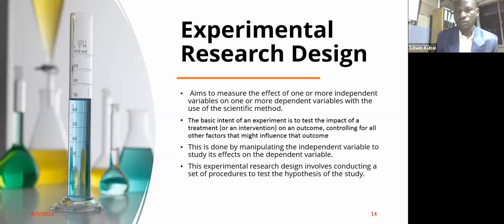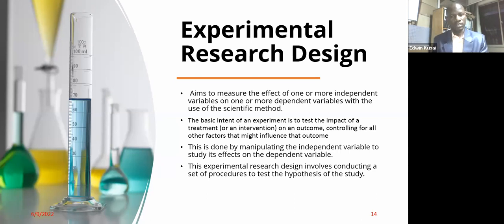So the basic intent of an experiment is to test the impact of a treatment or intervention on the outcome, controlling for all other factors that may influence the outcome. So you try as much as possible to control any other variable that may have an effect on the dependent and independent variables.